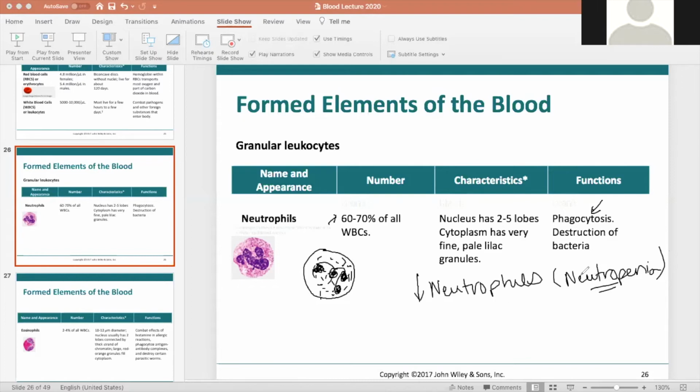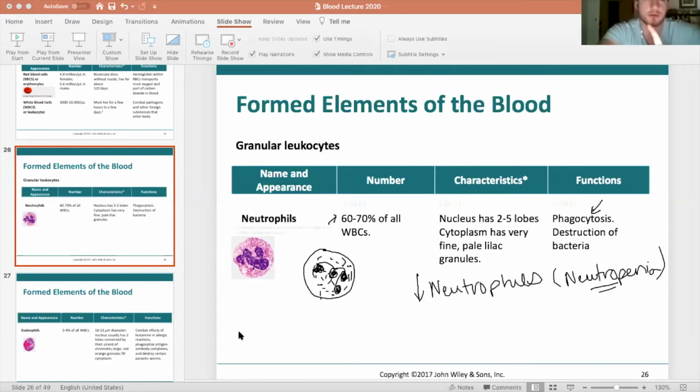And what would happen there is that the patient would be immune compromised. So if you are working in the hospital, you might see this on a door for somebody who is immune compromised, neutropenic, and you have to make sure that you have your PPE on and have protective wear, because you yourself could be a threat to this person. Their immune system is not working at the level that it should be working.